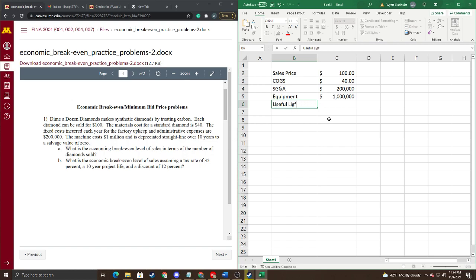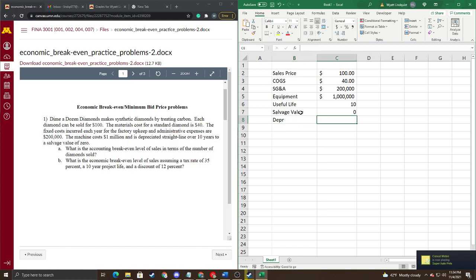The useful life of this equipment is 10 years. And we're going to depreciate it over a straight line basis. And the salvage value will be 0. Salvage value is 0.